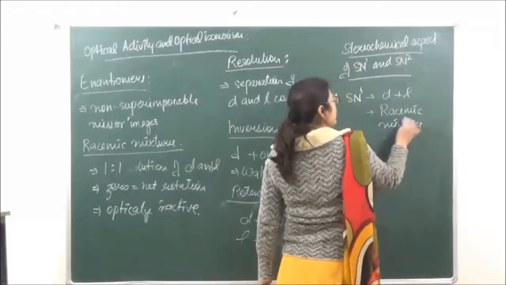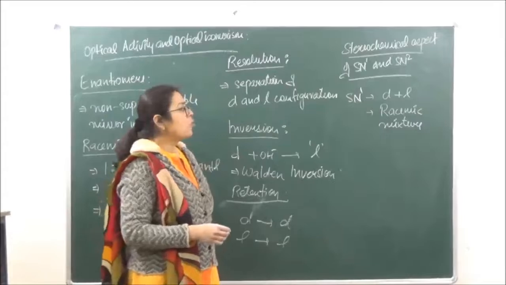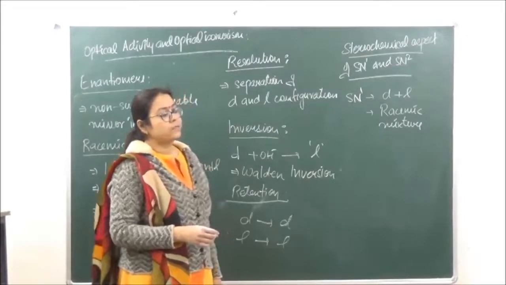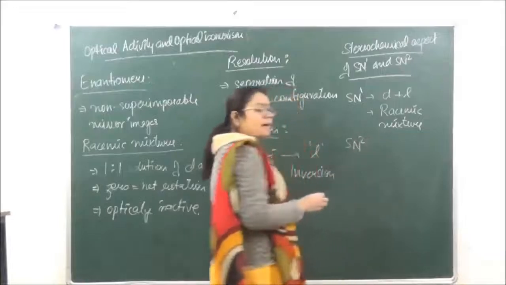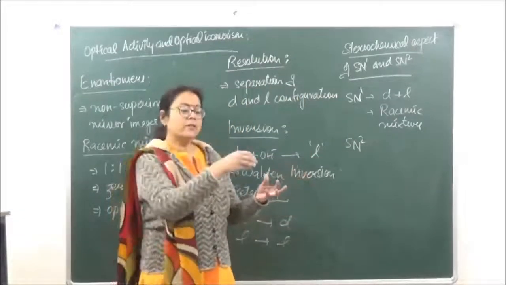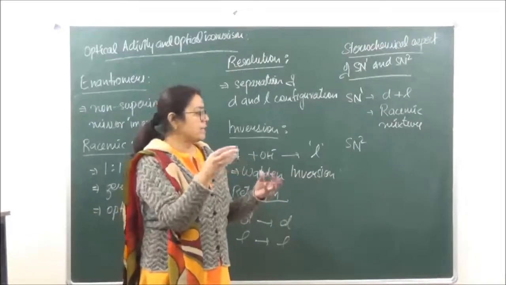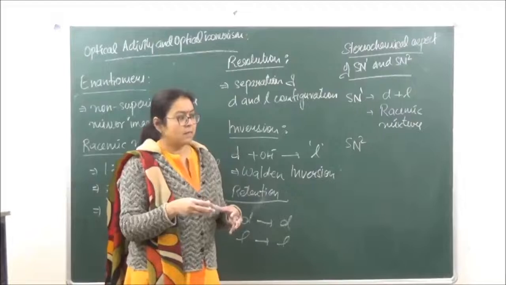So any reaction that is proceeding by SN1 mechanism is going to result in a racemic mixture, whereas SN2 is a bimolecular reaction, and you saw that the incoming hydroxyl group was attacking from the backside, isn't it?